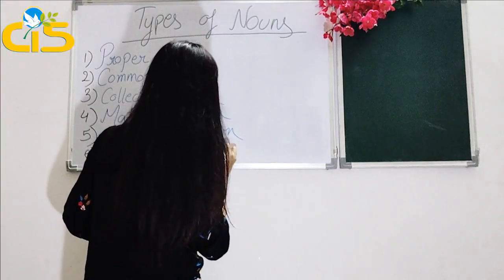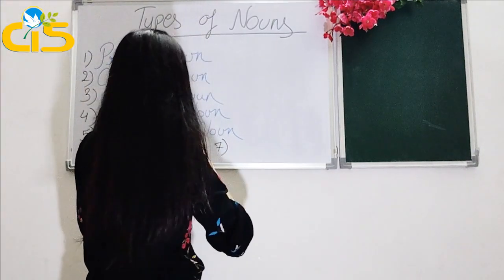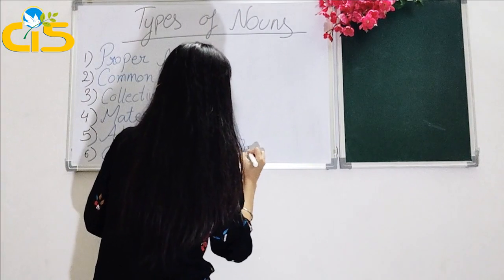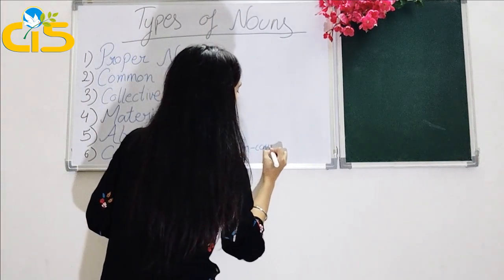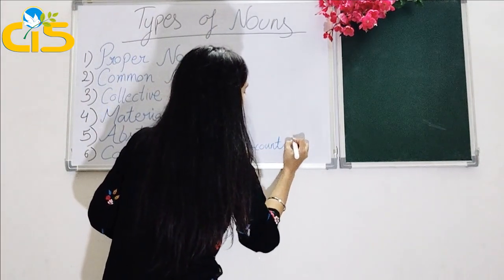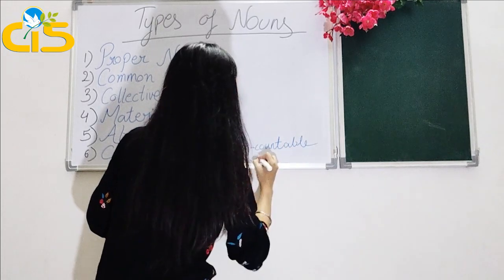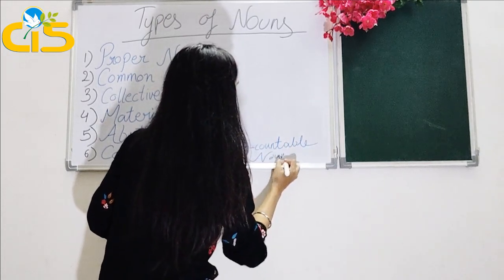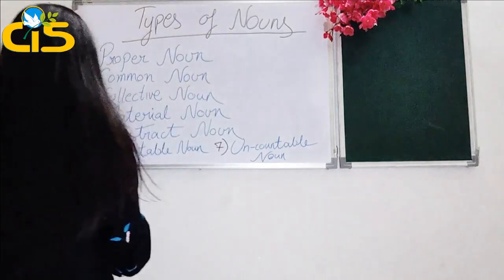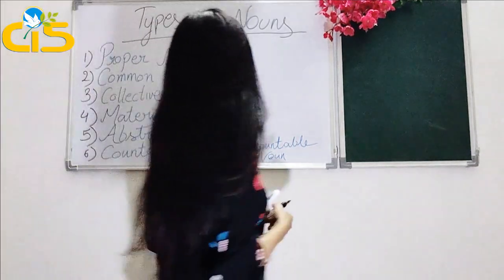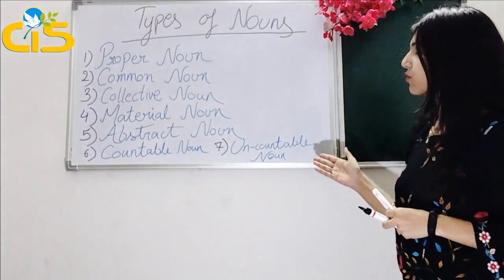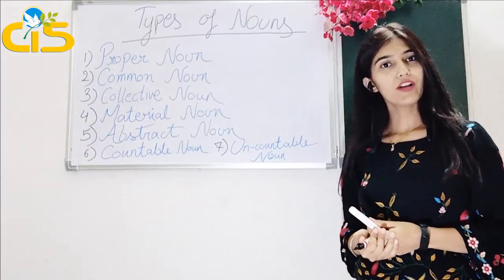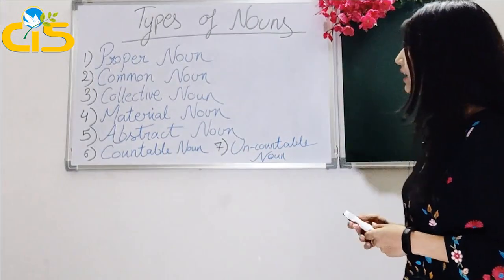And the last one is uncountable noun. Okay? So these are the 7 types of nouns. Alright, all of you? Great.